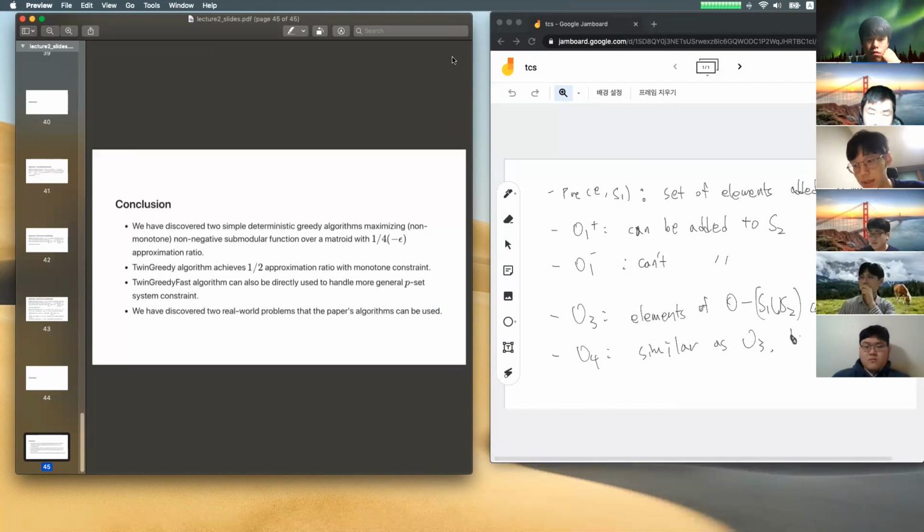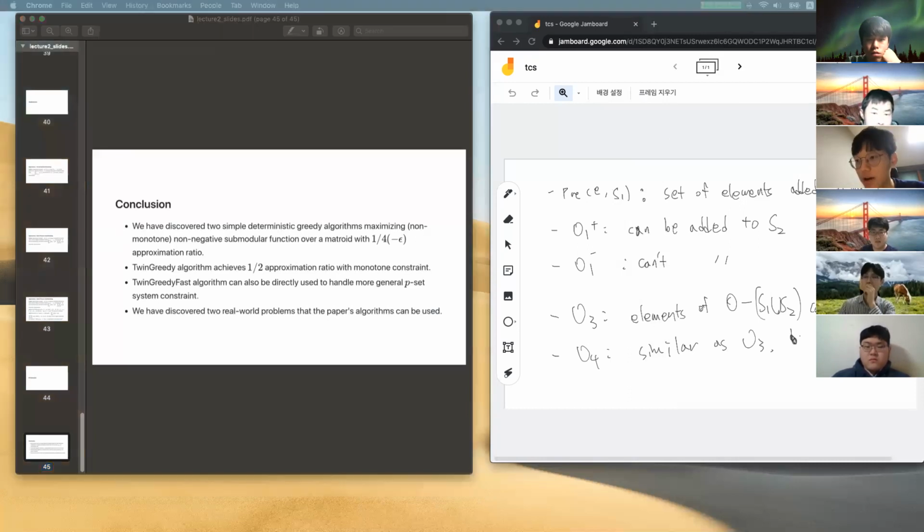But I mean, bipartite matching is a two-set system, as Ainta said, right? I'm confused, but I think it's two sets. Isn't it a matching set?